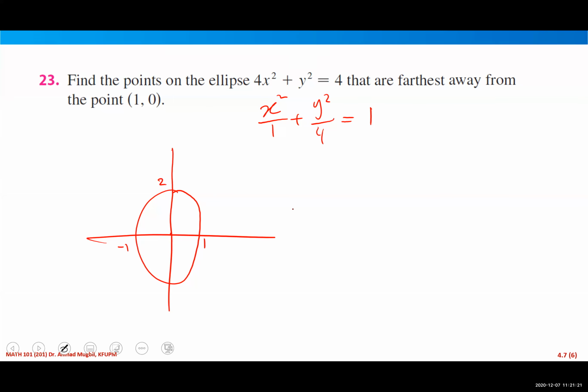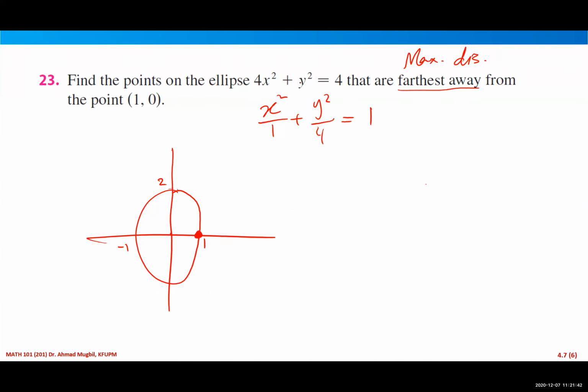You want to find all the points on this ellipse that are farthest away. So it is about maximum distance. You want to maximize the distance from this point, 1 and 0, which is on this ellipse.